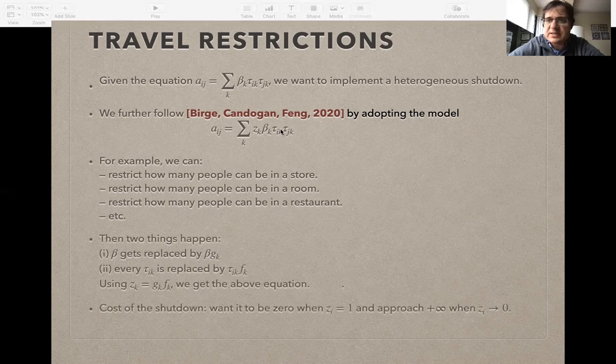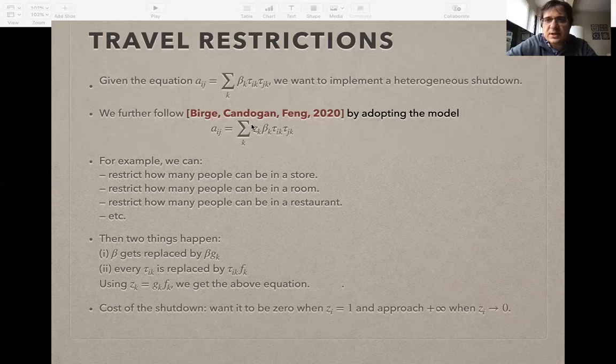You can also do something similar when you shut down places in a county, when you shut down nightclubs, when you shut down restaurants, you're also affecting travel rates. And so that will also result in fewer trips, all of which you incorporate into this factor z_k. So that gives us a model for how we can affect things. Essentially, we multiply the mixing at every location by this coefficient z_k between 0 and 1.